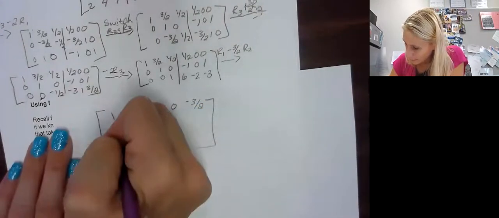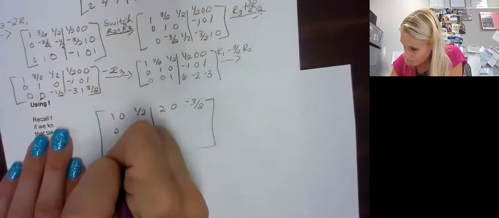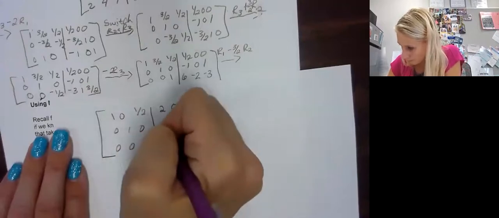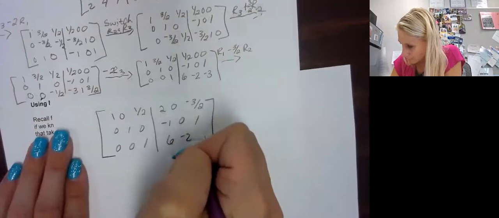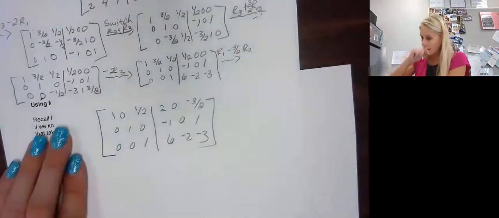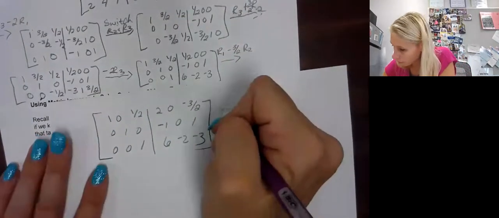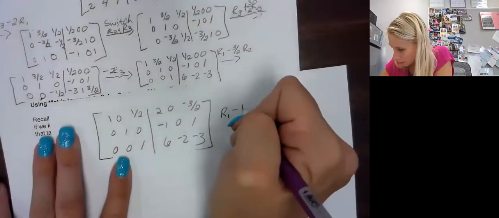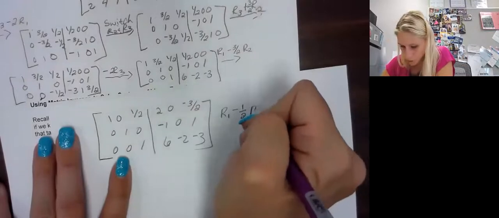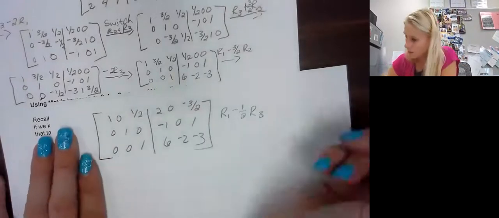All of this stays the same. One last thing is that 1/2. I'm going to take row 1, because that's what I want to change, minus 1/2 of row 3.